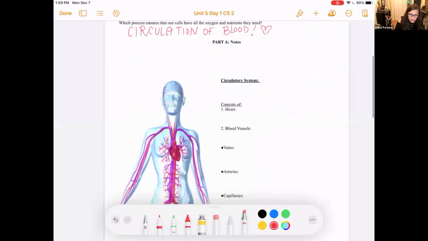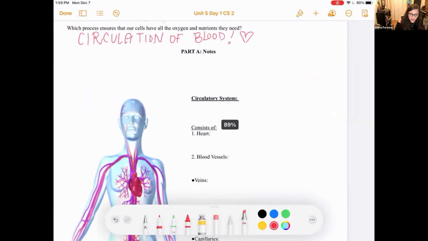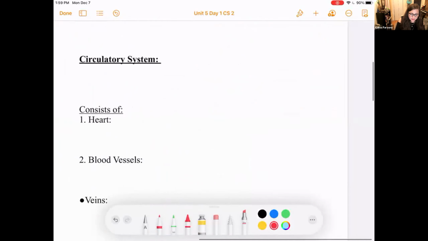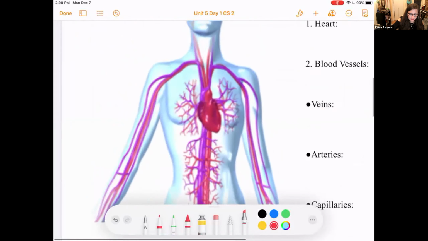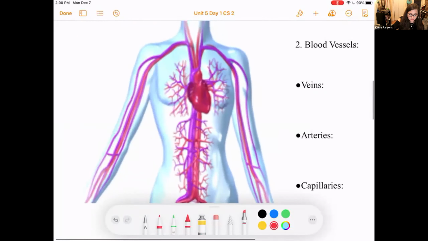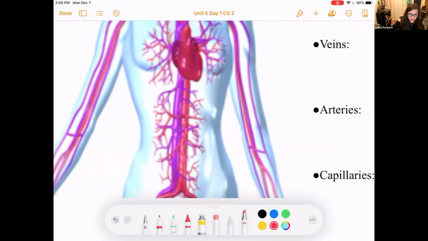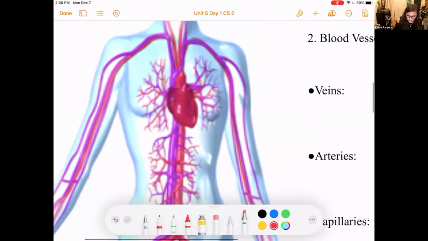So, the circulatory system. Let's talk about her. So here she is. We've got the heart here in the center, right? So the heart is the pump.